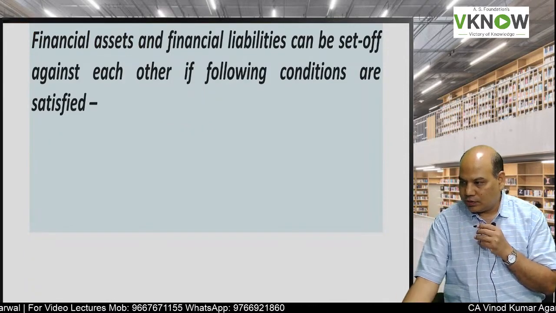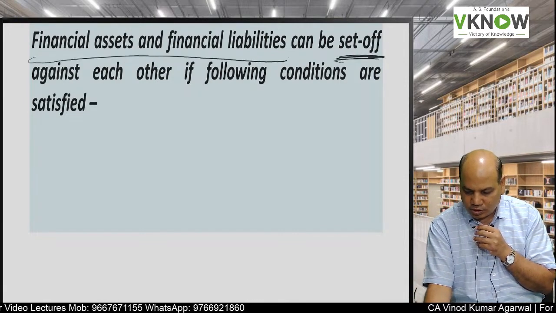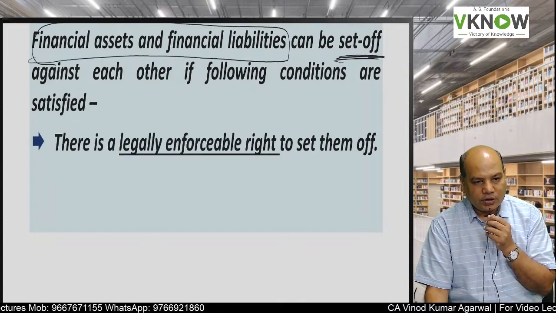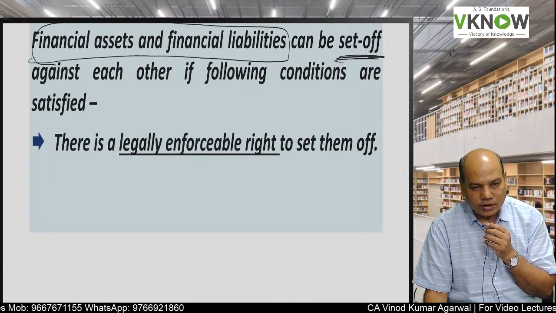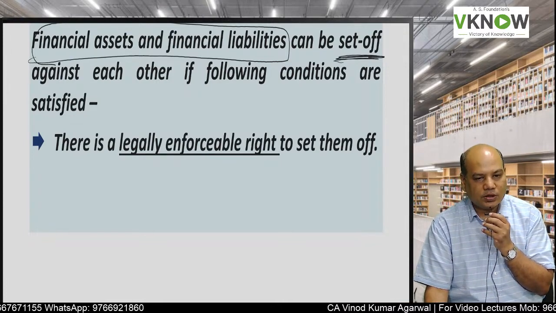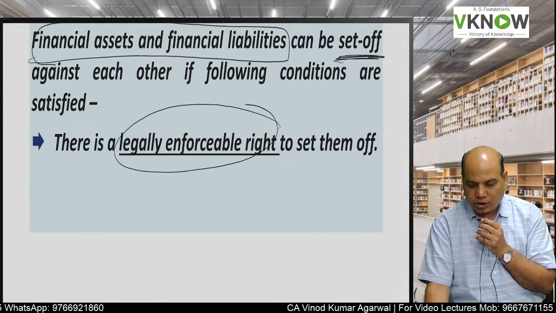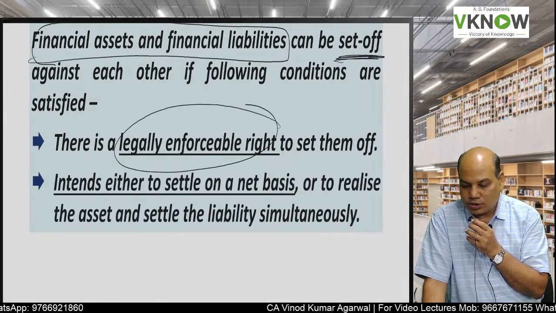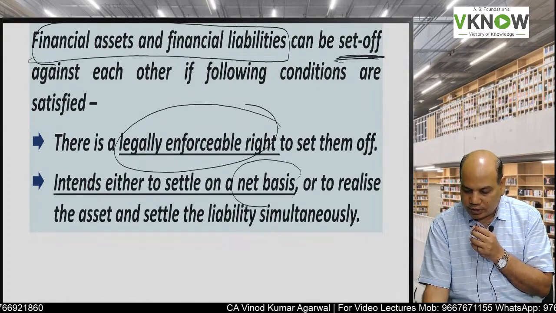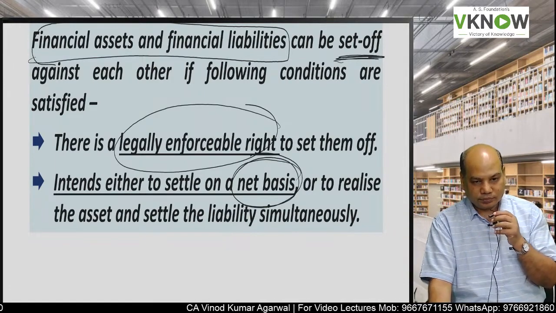Another question is set off of financial assets against financial liabilities. Can a financial asset and financial liability be set off against each other for presentation purposes? The answer is yes, if two conditions are satisfied. Condition one is there is a legally enforceable right to set them off, and condition two is the entity intends to settle on a net basis.